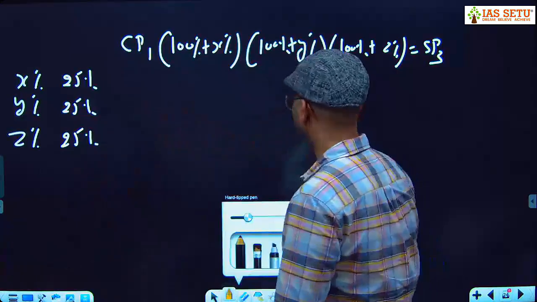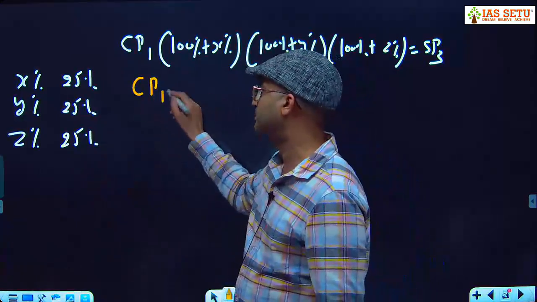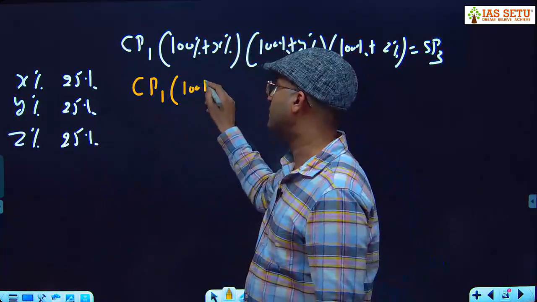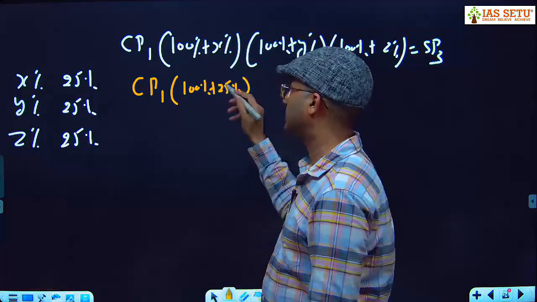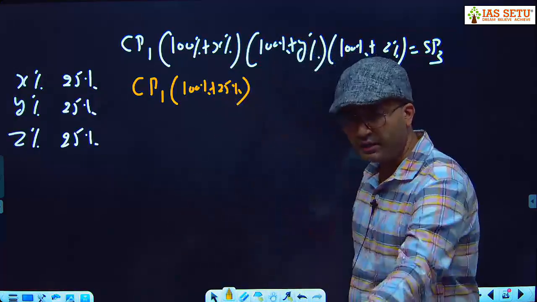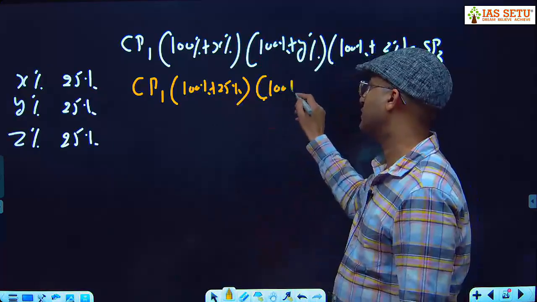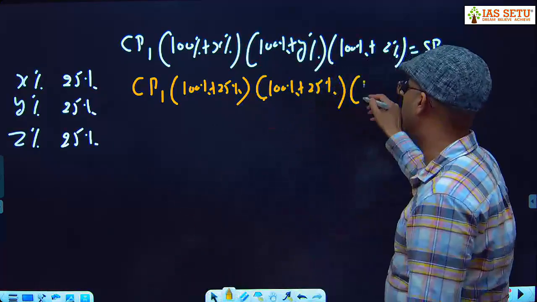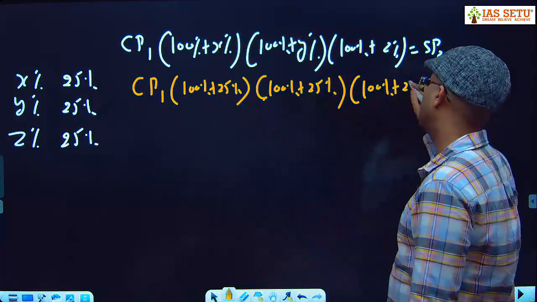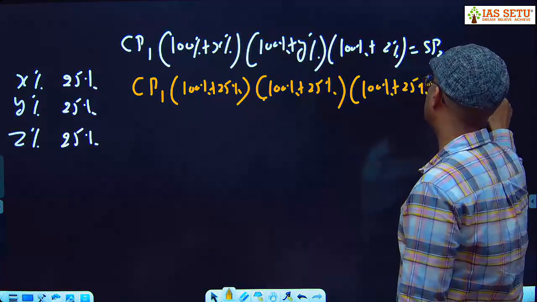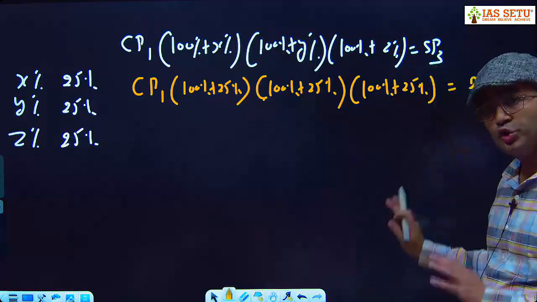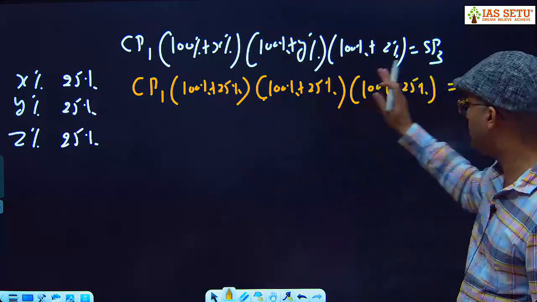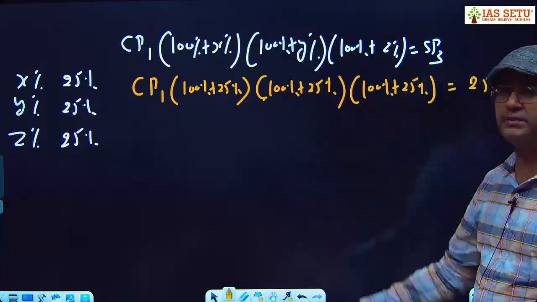So what is our shortcut here? CP1 into 100% plus 25%, 100% plus 25%, 100% plus 25% will equal SP3, 250. You can use this when CP1 is given and SP3 is asked, or SP3 is given and CP1 is asked.